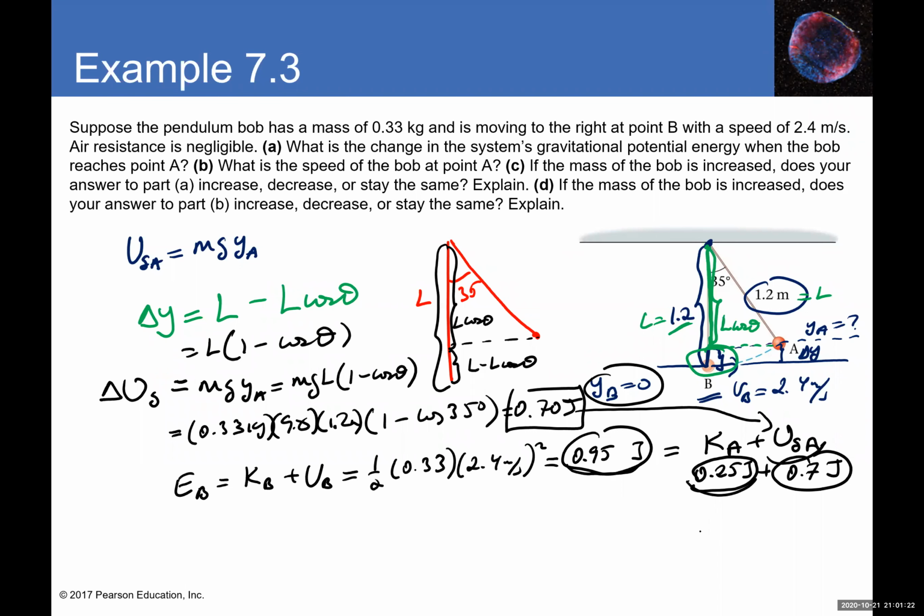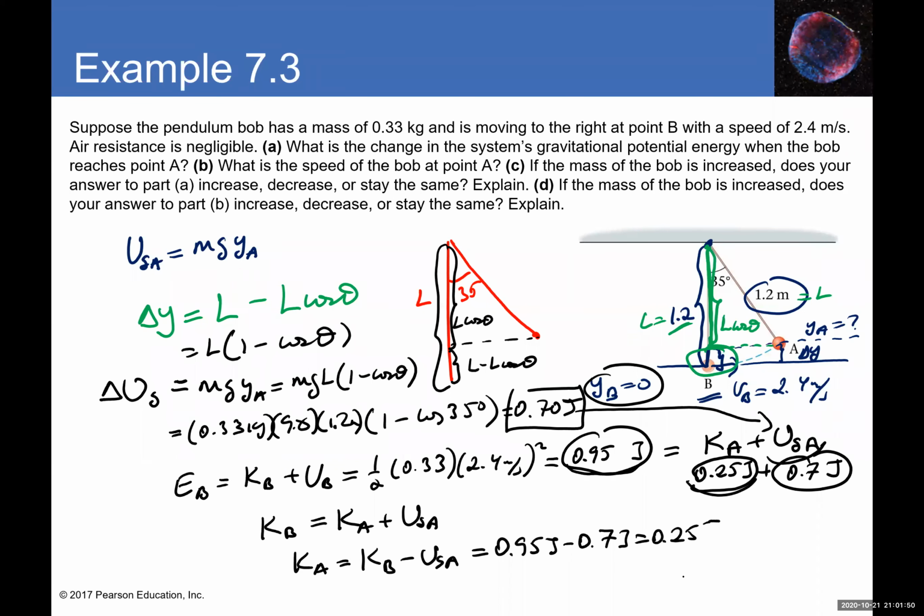But this is what we can do. We can say, all right, so here's what I have. I have kinetic energy at B equals kinetic energy at A plus gravitational potential at A. Okay. So I can say kinetic energy at A is equal to kinetic energy at B minus gravitational at A, which, since we calculated 0.95 joules minus 0.7 joules, we can say it's 0.25 joules. Then I can say that kinetic energy is 1/2 m speed at A squared.